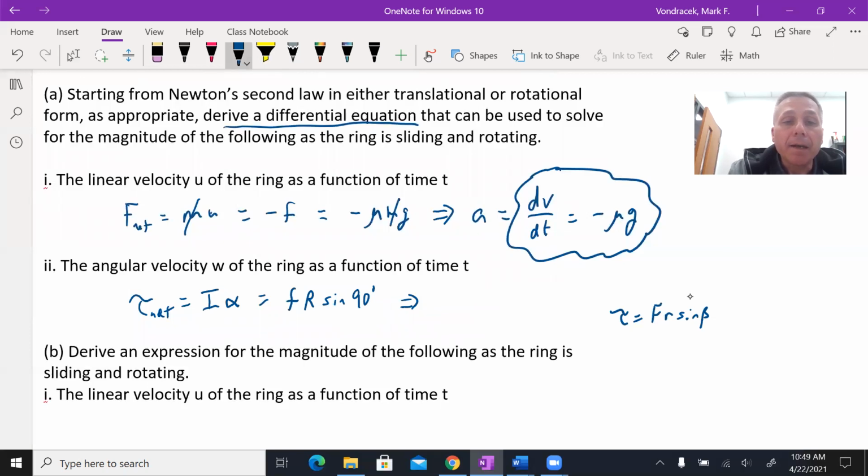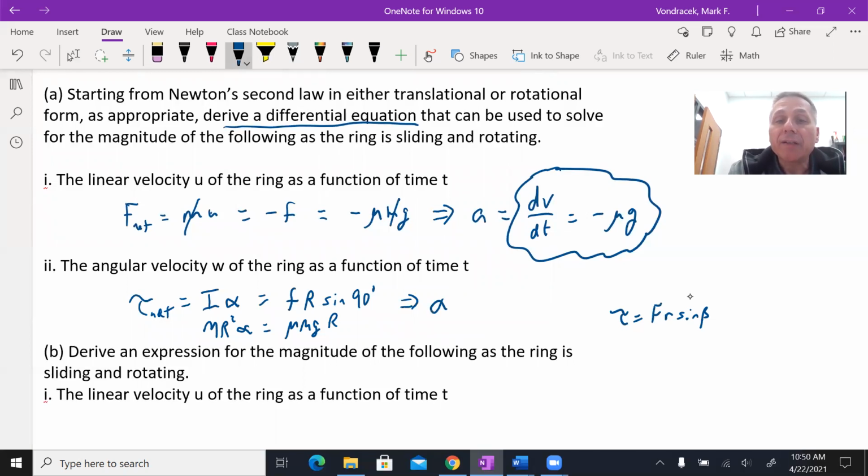I suppose we could stick in mr squared as the inertia of a ring. They give us that. The friction, again, is just the coefficient times the mass of the ring times gravity, which is the normal force, and times the radius. And so we can make the same substitution.